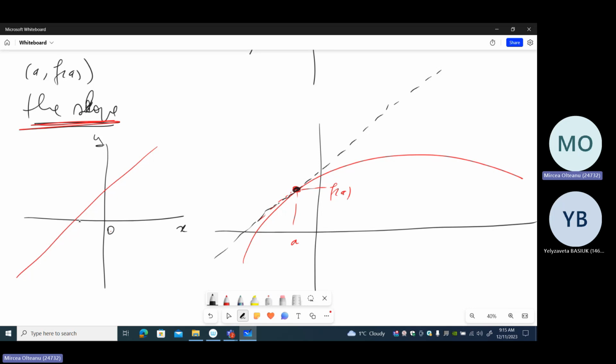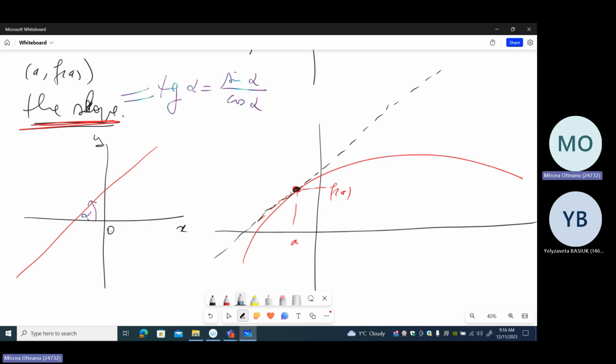So the angle between OX and this straight line is this one. Let's call it alpha. The tangent of alpha, which is sine of alpha over cosine of alpha, is called the slope of our straight line.